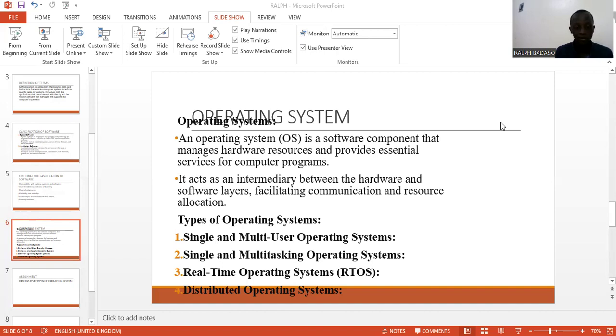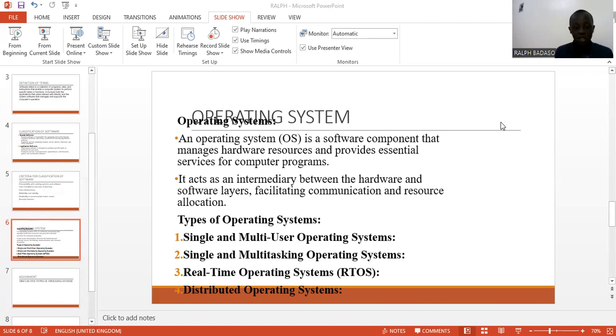Types of operating system. We have single and multi-user operating system, single and multitasking operating system, real-time operating system, and distributed operating system. A single-user operating system accommodates one user at a time.